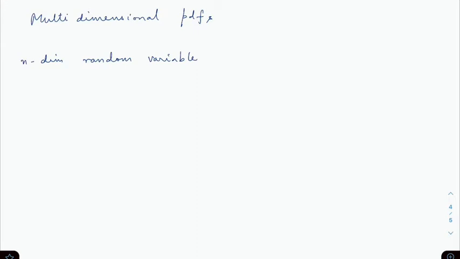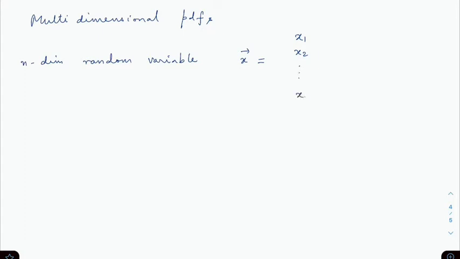So this n-dimensional random variable x, with an arrow on top, is the collection x1, x2 to xn. And similarly, its transpose can be represented by a row vector.